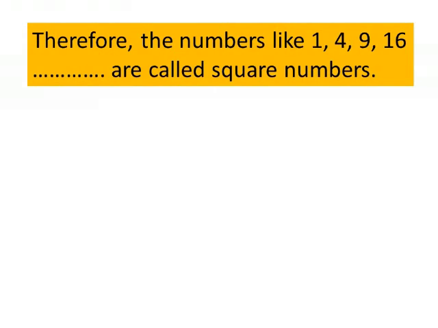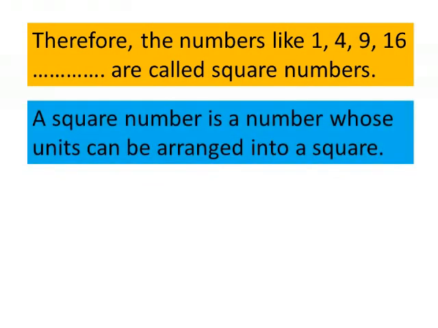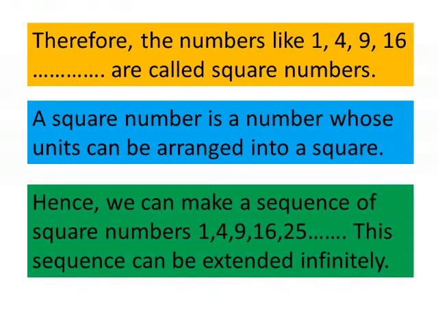A square number is a number whose units can be arranged into a square. We can make a sequence of square numbers like 1, 4, 9, 16, 25 and so on. This sequence can be extended infinitely.